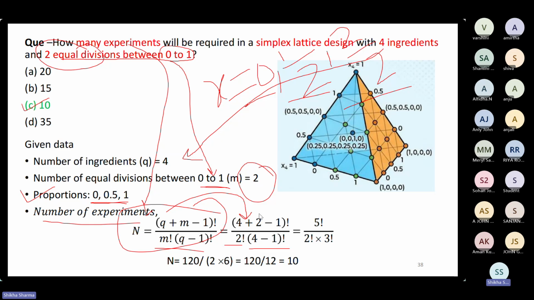So 4 plus 2 is 6, minus 1 is 5 factorial, divided by 2 factorial multiplied by 4 minus 1, which is 3 factorial. So 5 factorial is 1 into 2 into 3 into 4 into 5.